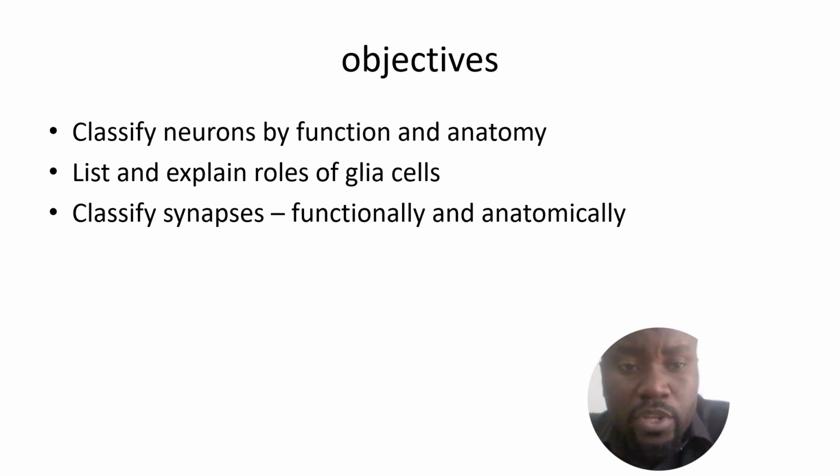Then we also expect you, after this, to be able to list and explain the role of support cells in nerve tissue, classify synapses, and tell the difference amongst the neurons in terms of their features as well as their physiological characteristics.